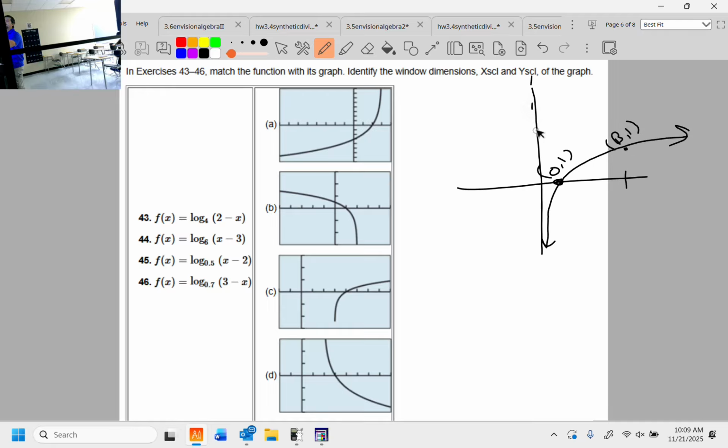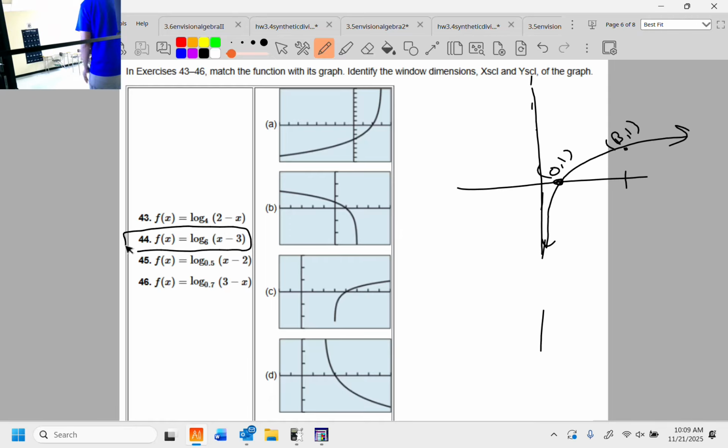You never cross the y-axis. I don't know how good a job they're doing on some of these things, but I think the easiest one to do is this one. That's where I would start. Think about your first point here. Your second point is going to be where?